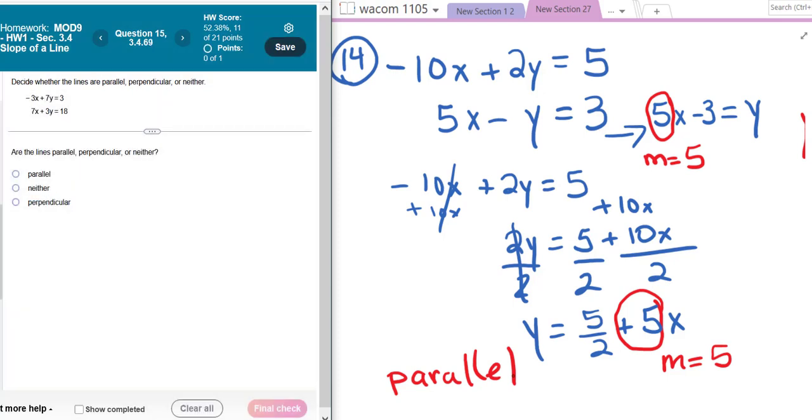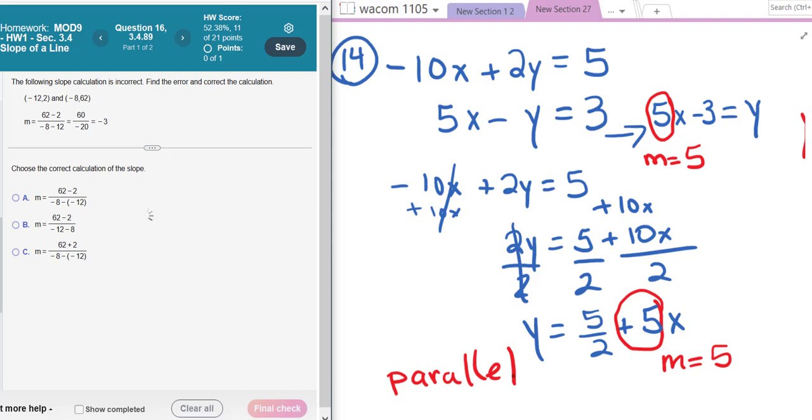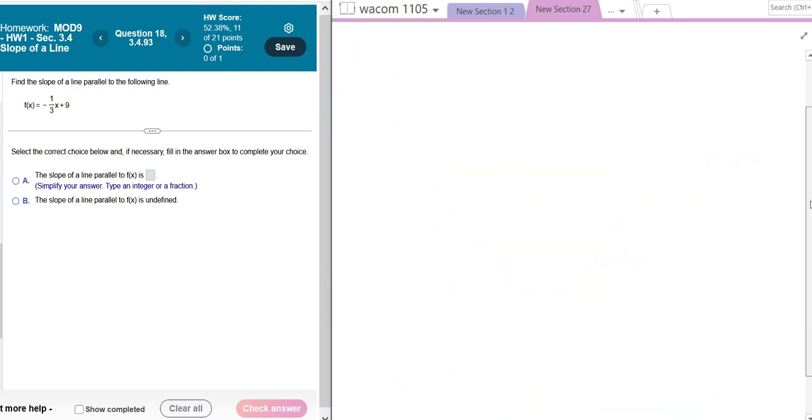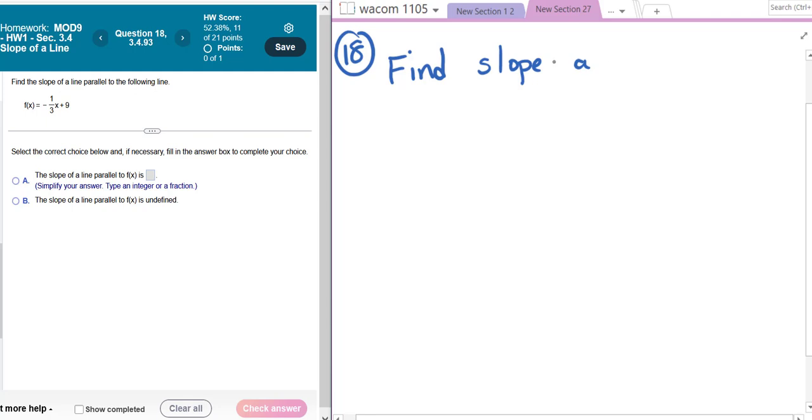All right. I'm going to move now to problem 18. And it says find the slope of a line parallel to the following line. And your f of x is y.